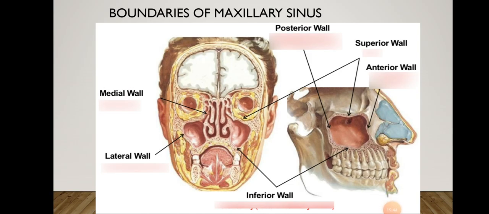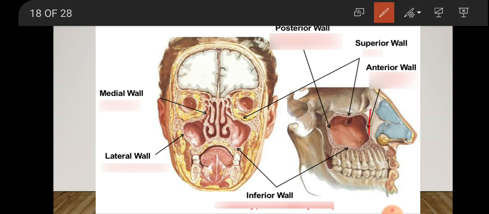Once again, this is the anterior wall which is formed by the maxilla. This is the inferior wall or the floor which is formed by the alveolar and the palatine process of maxilla. This is the superior wall or the roof, which is formed by the floor of the orbit. The posterior wall is related to the pterygopalatine fossa and infratemporal fossa.